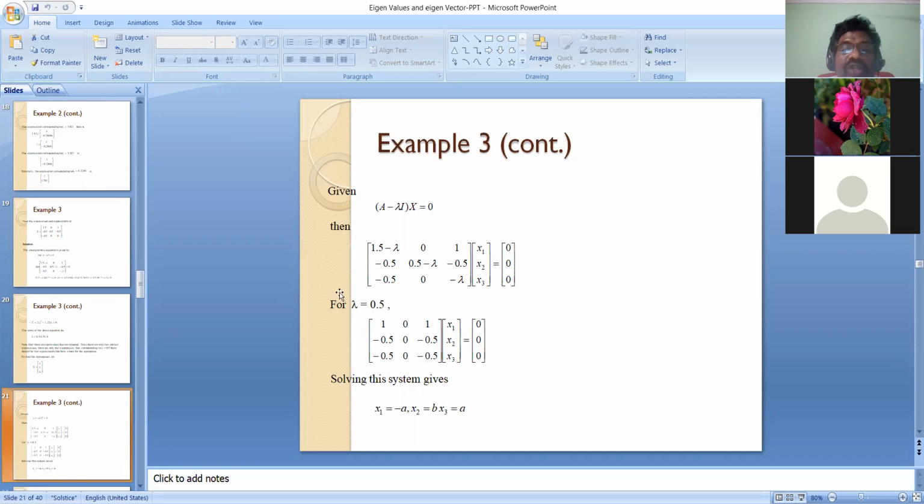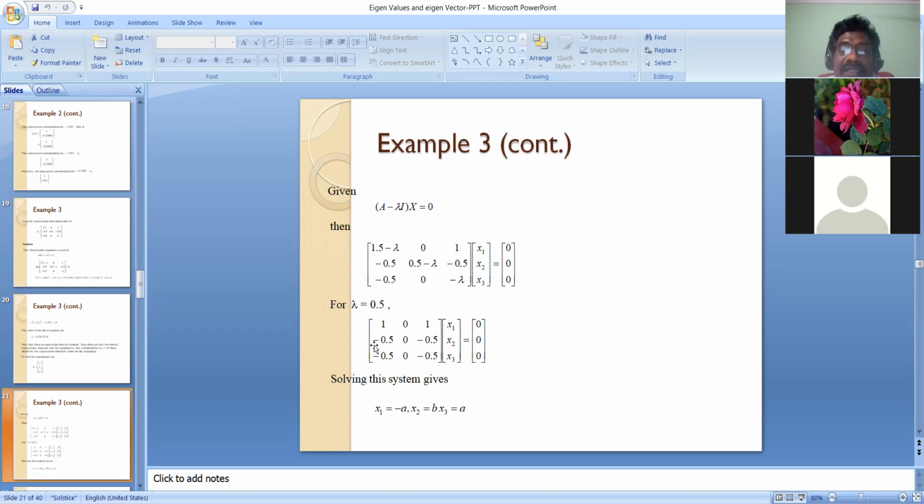Now substituting lambda equal to 0.5, because this occurs 2 times, in this matrix we get (1, 0, 1; minus 0.5, 0, minus 0.5; minus 0.5, 0, minus 0.5).